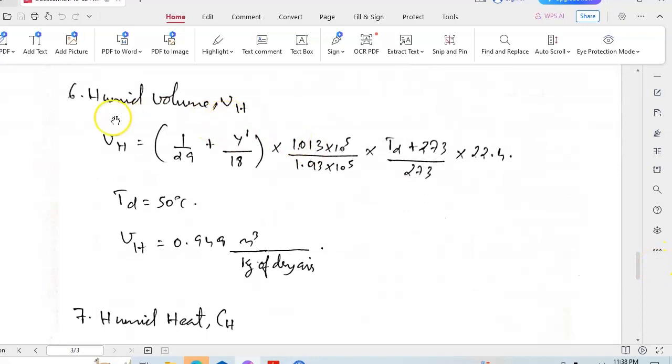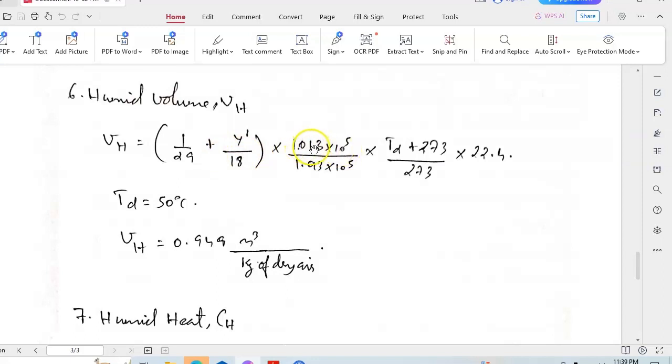Humid volume VH is equal to 1 by 29, where 29 is the molecular weight of air, plus Y dash. Y dash is our first question answer, absolute humidity, divided by 18, where 18 means molecular weight of water, into pressure.